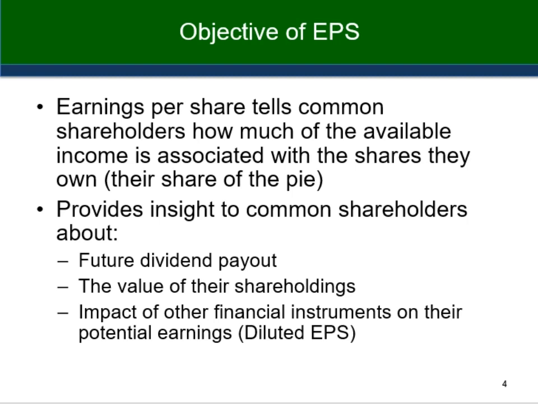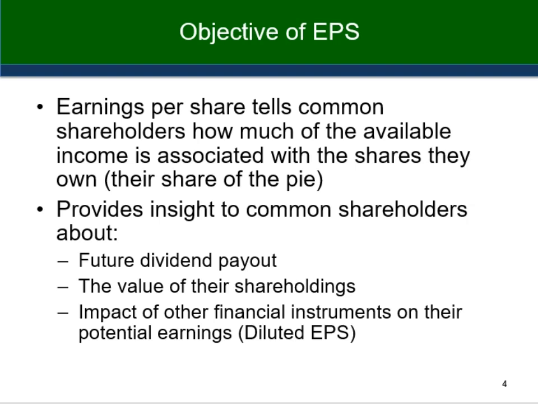So if the capital structure of a company consists only of common shares or has no potentially dilutive convertible securities or options or warrants or anything else that could increase the number of common shares so that we're spreading apart the earnings available to common shares among a larger group of shareholders, then we wouldn't disclose the fully diluted earnings per share.